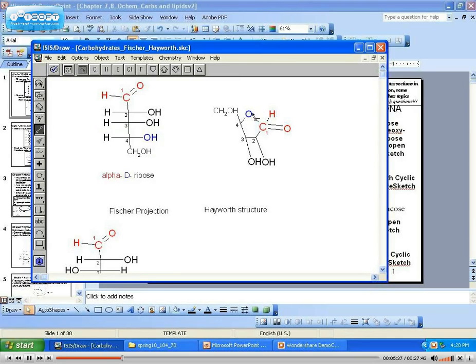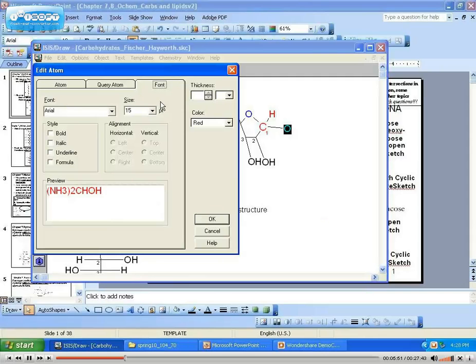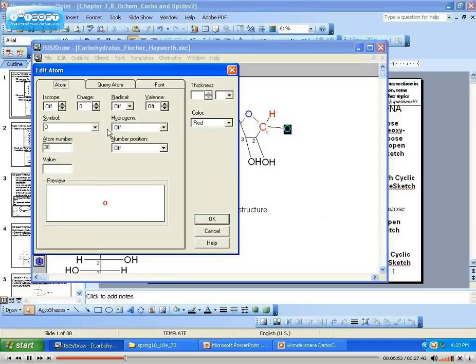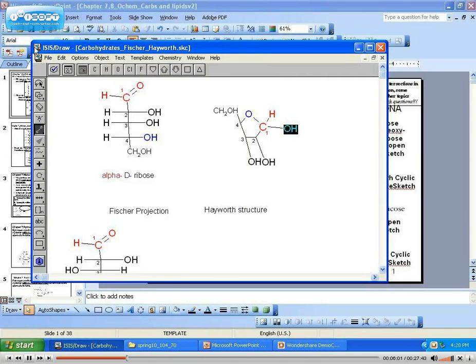And at the same time, this hydrogen pops off and forms a brand new bond with that oxygen. So now we have OH.